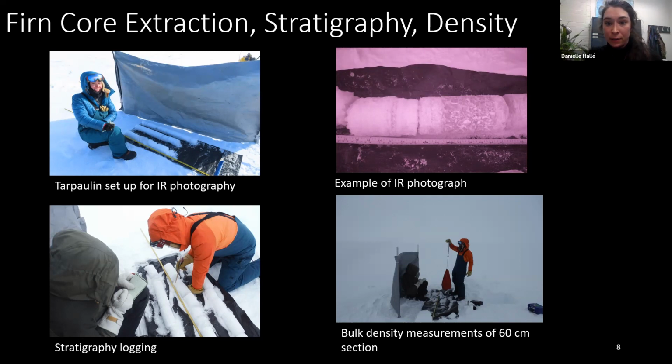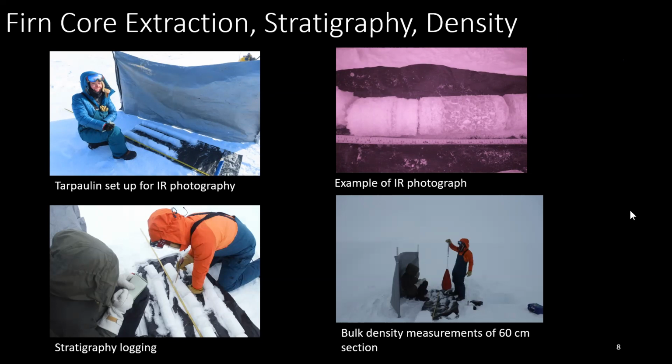And here you can clearly see the difference between icy firn and the ice layers. And as well, we are documenting the stratigraphy of the firn core and measuring the bulk density of each firn section. And you can also see in the top right image a tarp that is blocking the sun when we take the infrared photographs.